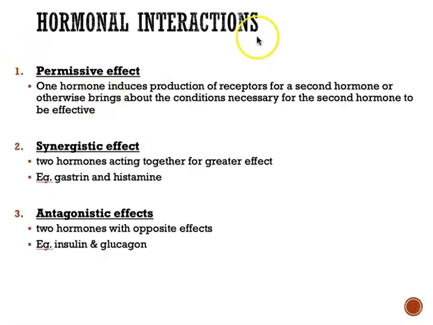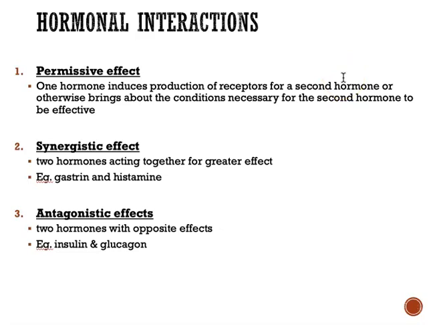So let's just talk a little bit about how several different hormones may interact with one another. You have something called a permissive effect. So what this is, one hormone will produce the receptors for a second hormone. So sometimes you need to release one thing.